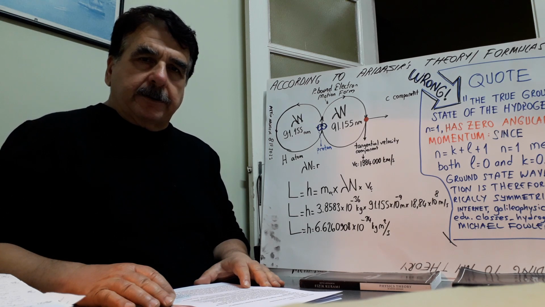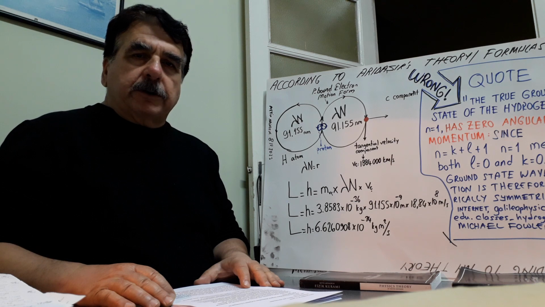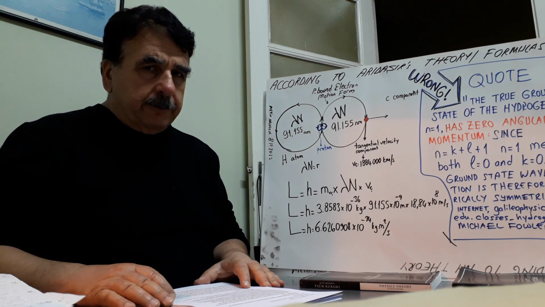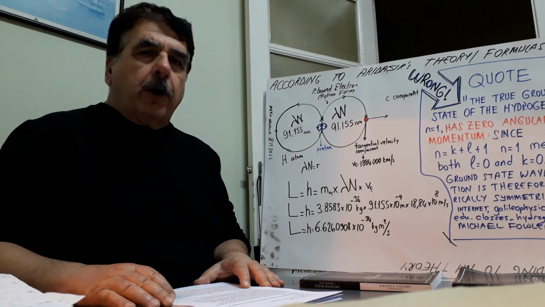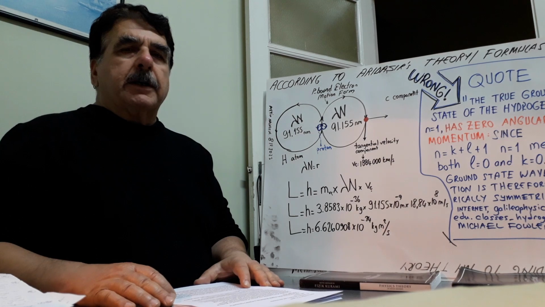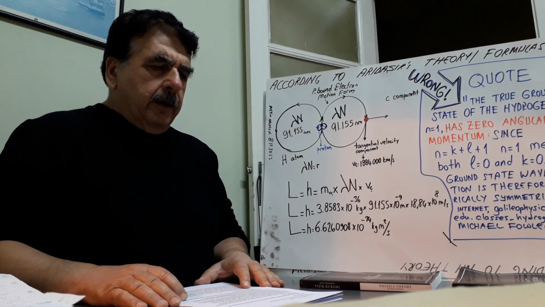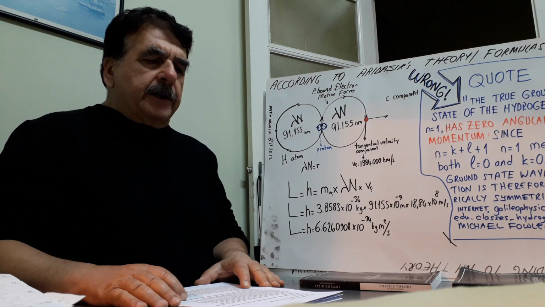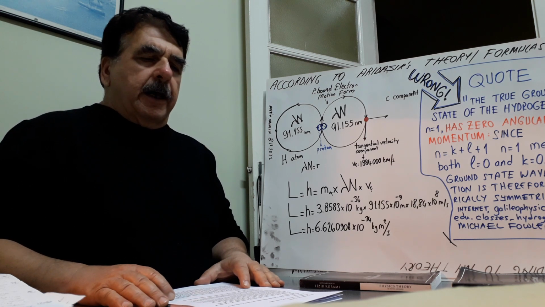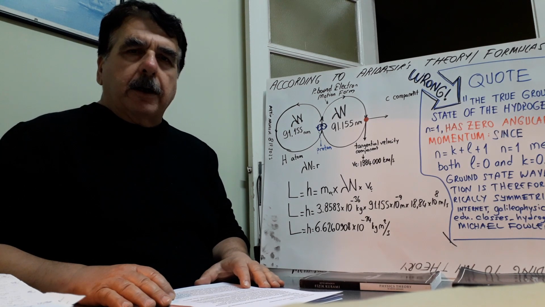Planck's constant is nothing but the angular momentum of a point on the electron motion form. As I told you before, I advise you to watch my former videos. Again, not zero: the ground state angular momentum is Planck's constant in the hydrogen atom.